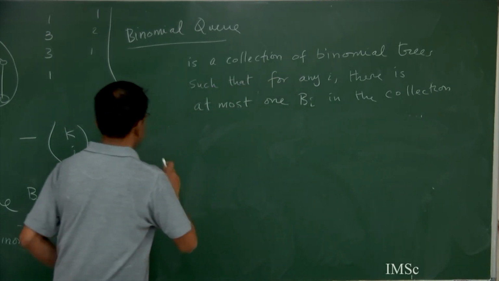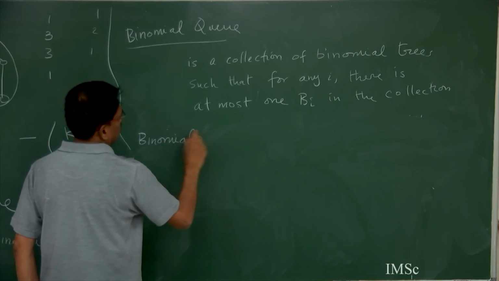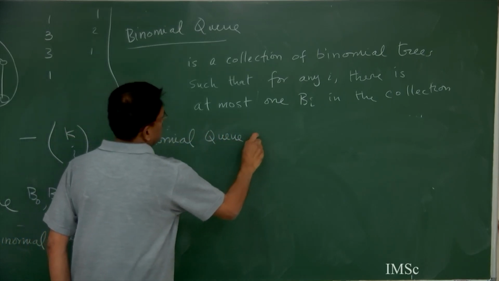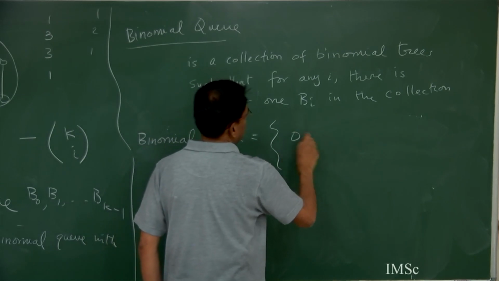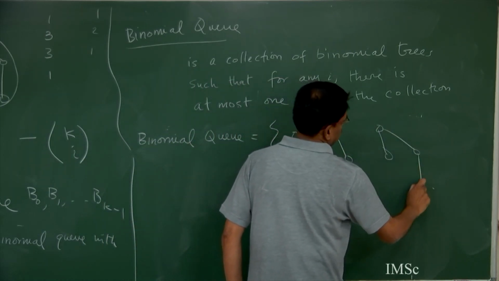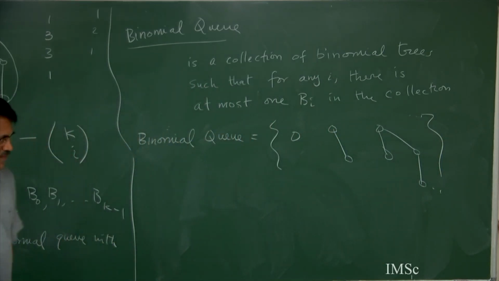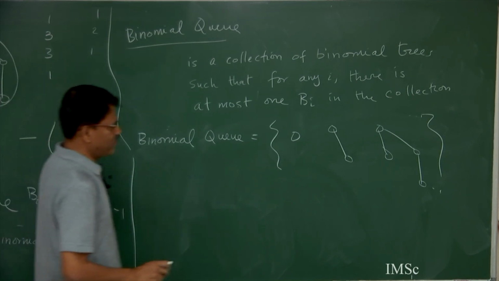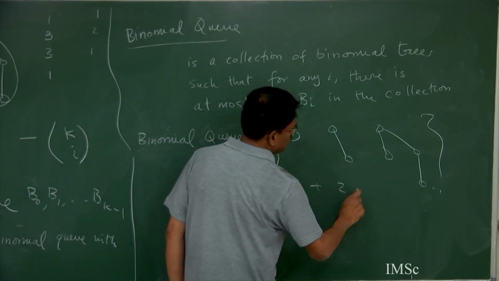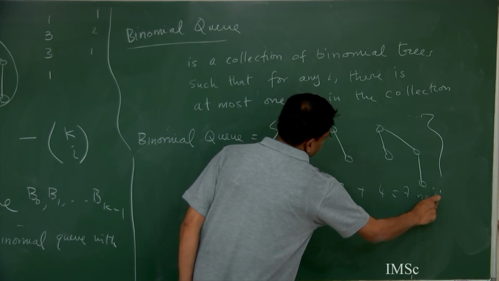So, what is a binomial queue? It's just a collection of trees. So, for example, I might have this binomial queue with 1 plus 2 plus 4, 7 nodes.